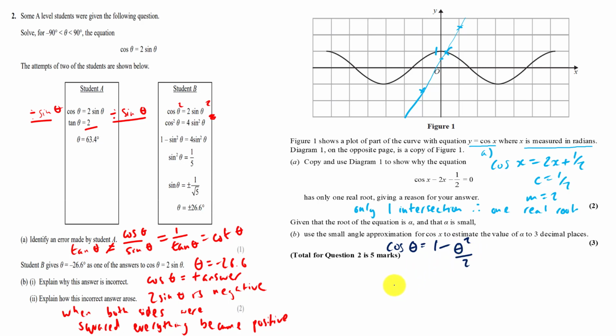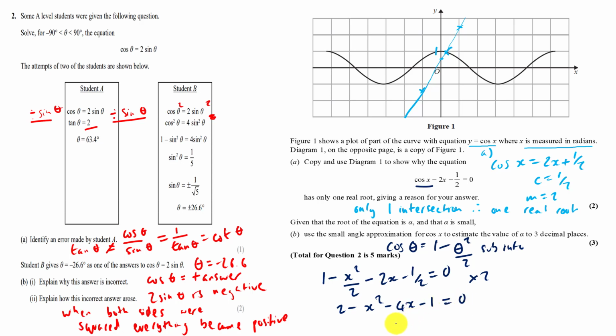So we're going to get here 1 minus x squared over 2. We're just going to substitute into this equation. Minus 2x minus a half equals 0. Let's multiply everything by 2. So we get 2 minus x squared minus 4x minus 1 equals 0.